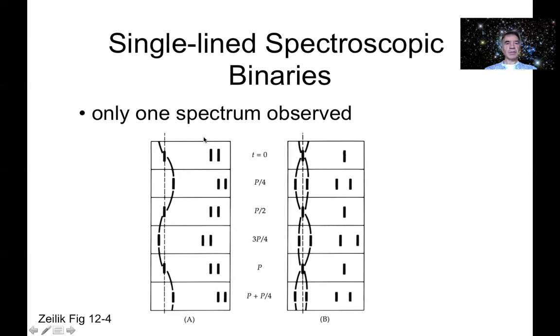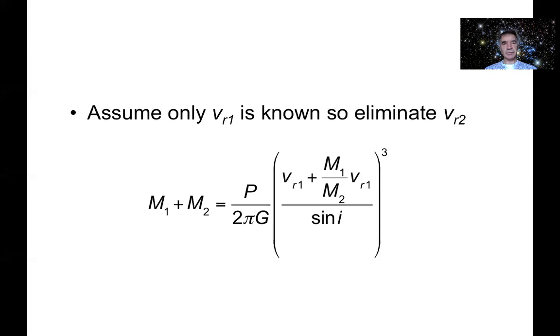This was the double-line system we had before, where you've got 2 stars going up and down. Here we've just got one set of lines doing this, and that's all you see. So you can tell there's a binary there, and you've got the information for one of the stars, but you don't have the information for the other star because you can't see its lines in the spectrum. So you might think we're on a bit of a hiding to nothing here, but as I'll show you, this does lead to some amazing discoveries.